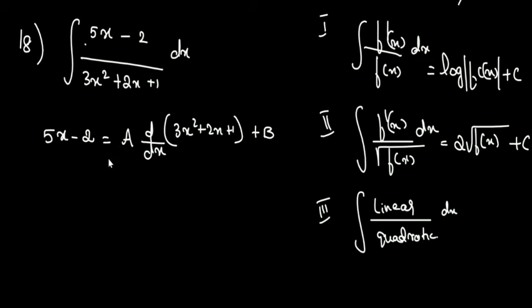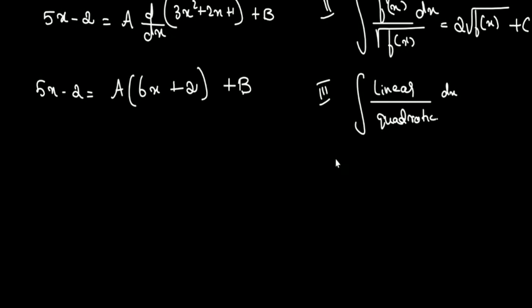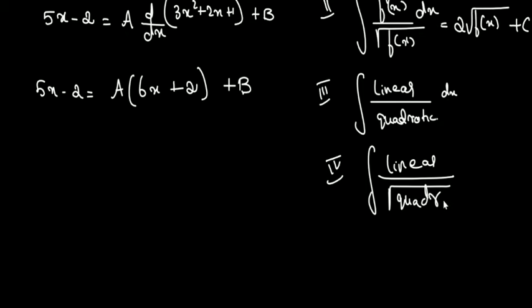So when you do that here, 5x minus 2 is equal to a times (6x plus 2) plus b. This is for both linear over quadratic, and the fourth type is linear over the square root of a quadratic, also with the same method.